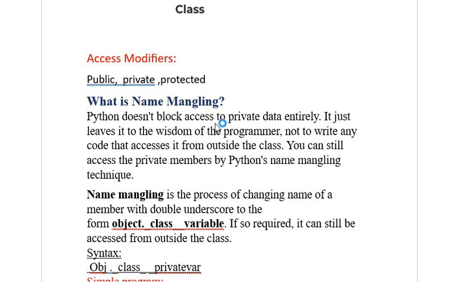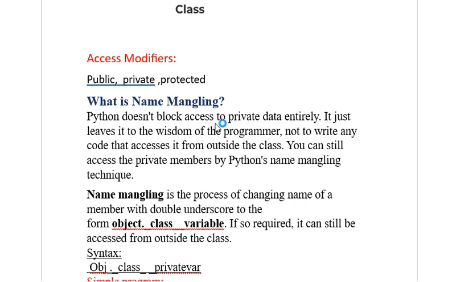If a particular user uses a private variable or private member, they should know that they should not use a private member or private variable outside the class. You should know about private, protected and public. So you should have some grip on these access modifiers when working with them.